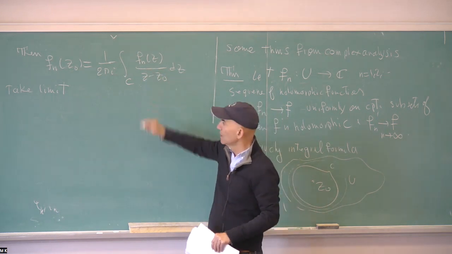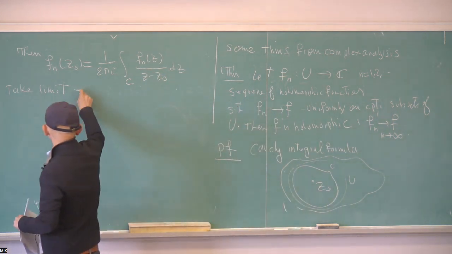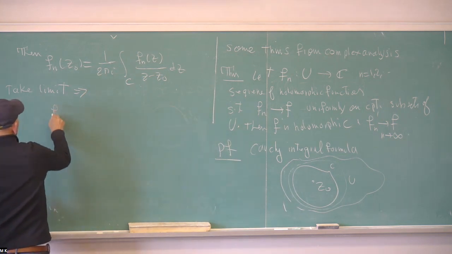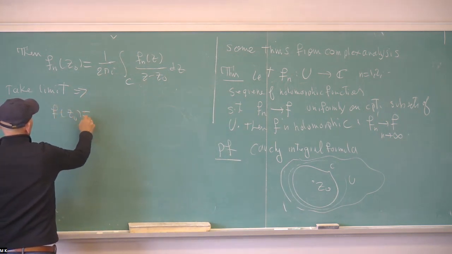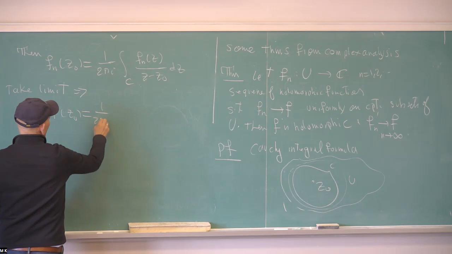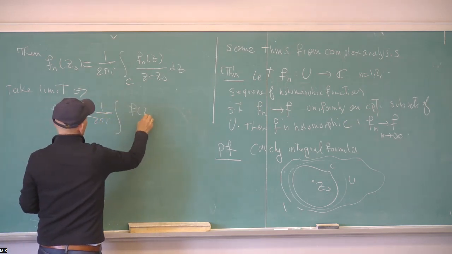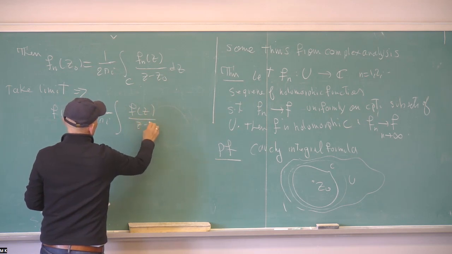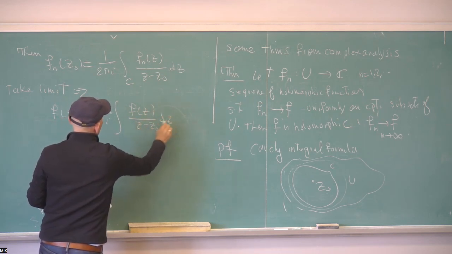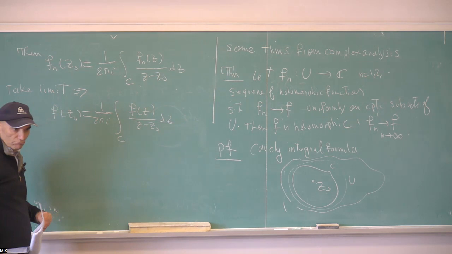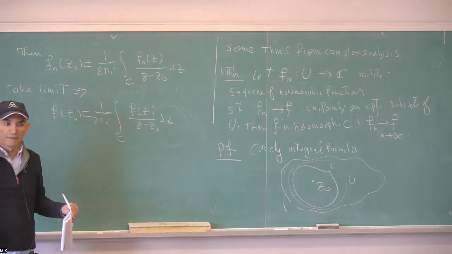So taking the limit, you conclude that f(z0) is equal to 1 over 2 pi i times the integral over C of f(z) over z minus z0, dz, for all points z0.